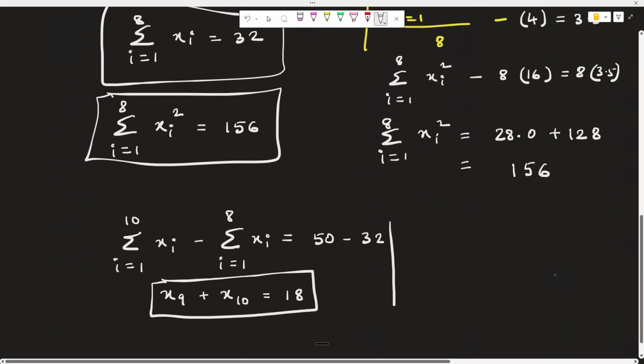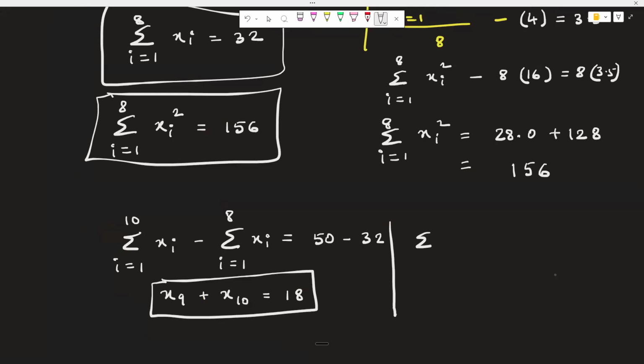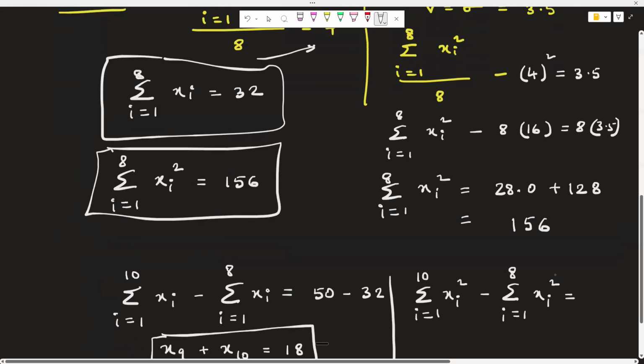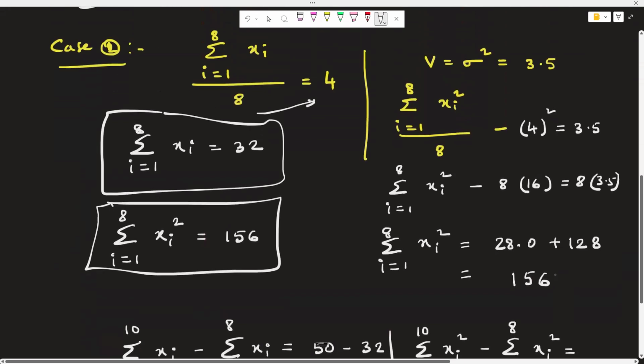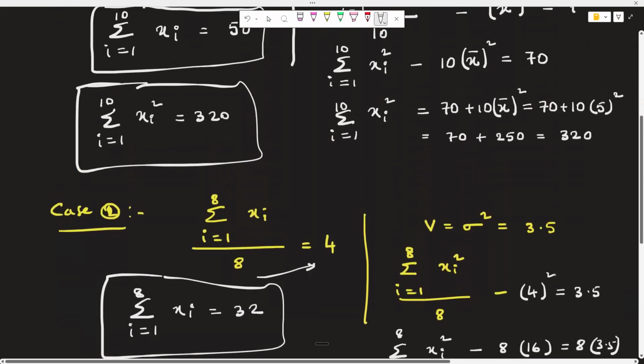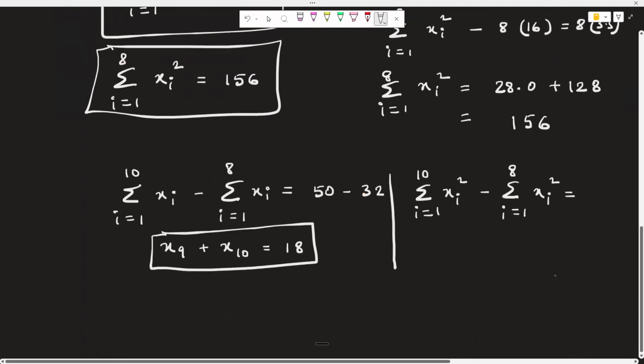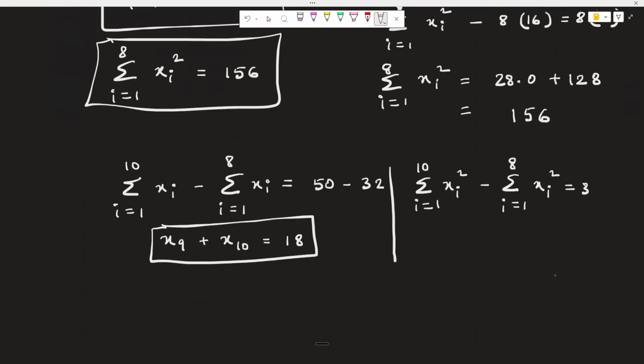Okay, so we have this equation. And again, we will use the same procedure. Sigma i equal to 1 to 10 xi square minus sigma i equal to 1 to 8 xi square. The respective values are, for 10 values, it is 320, minus for 8 values, it is 156.